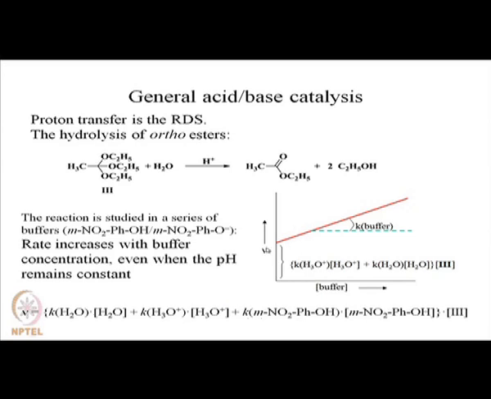But here, if we plot v versus buffer concentration, you see that it starts from somewhere over here. If you increase the buffer concentration, the rate has been found to increase from here to here. So, this part you can call the residual one, which is the contribution from your H3O plus part and also from your H2O part.